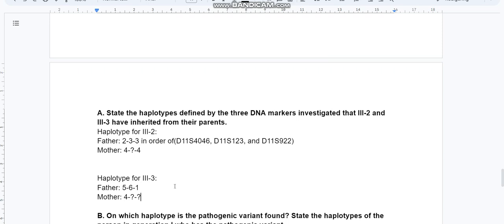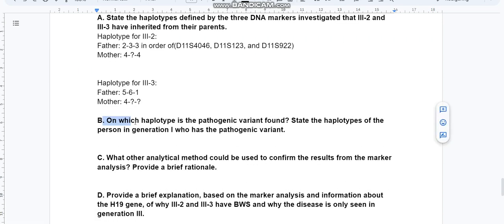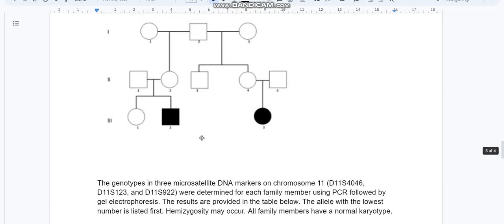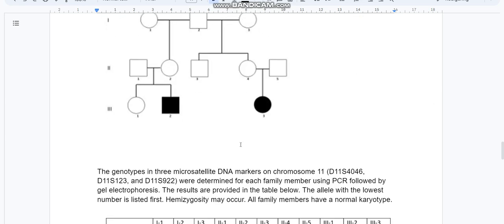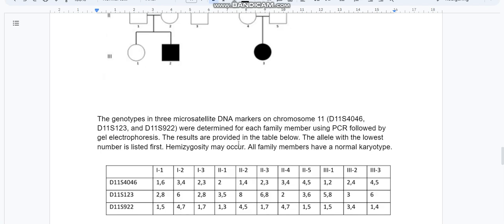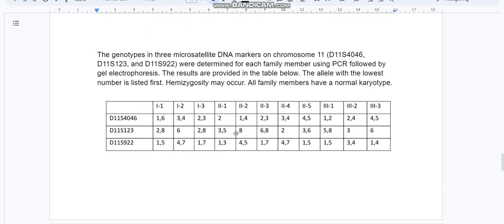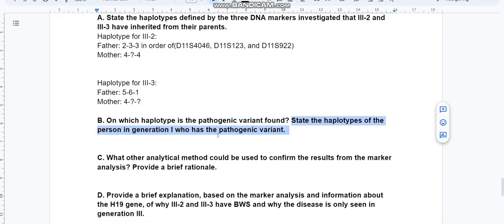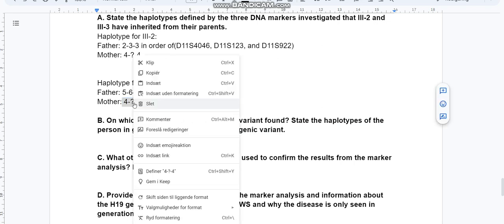Okay. Now they ask you, on which haplotype is the pathogenic variant found? State the haplotypes of the person in generation 1 who has the pathogenic variant. Okay, so here, who has the pathogenic variant? So of course, this is the haplotype with the pathogenic variant.